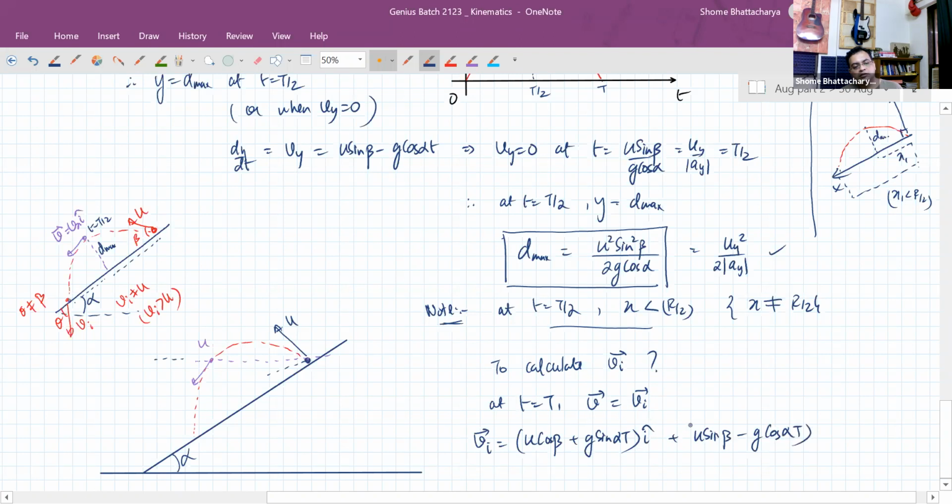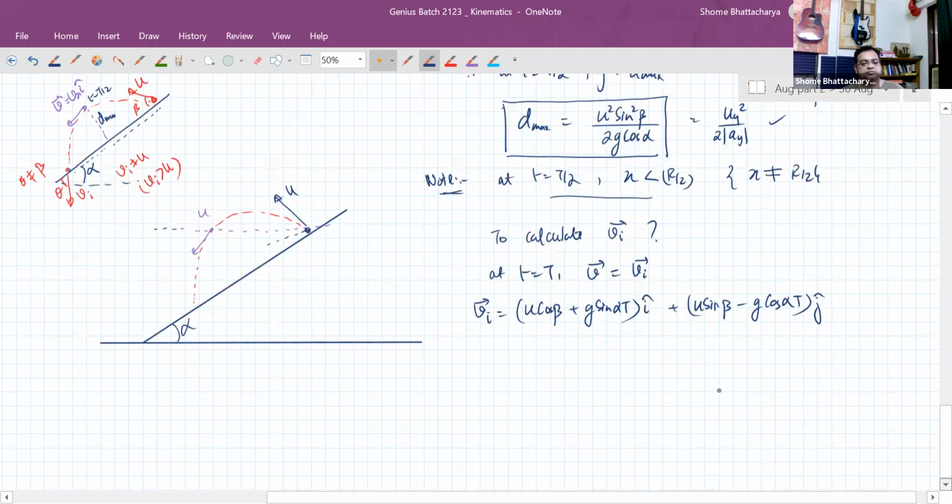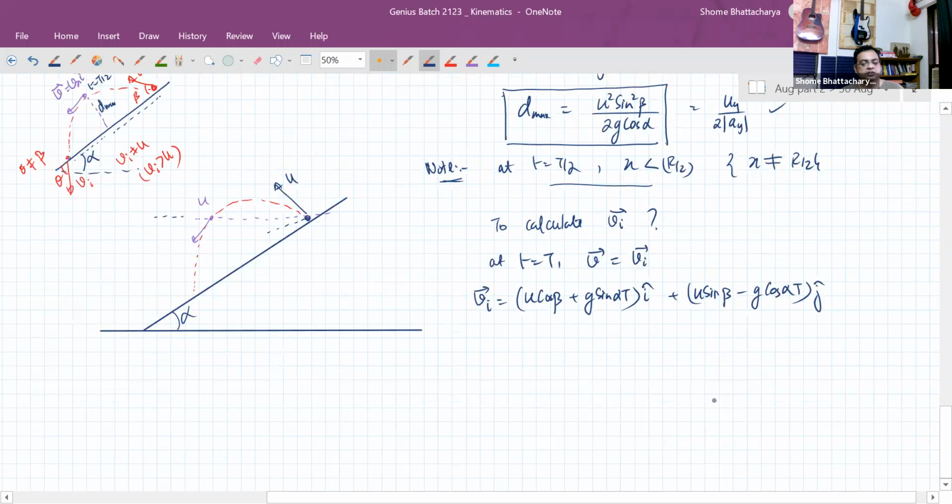Now in this you will see it's very interesting that this second term will actually become minus U sin beta, because your t is equal to the total time of flight. But your first term will be different.